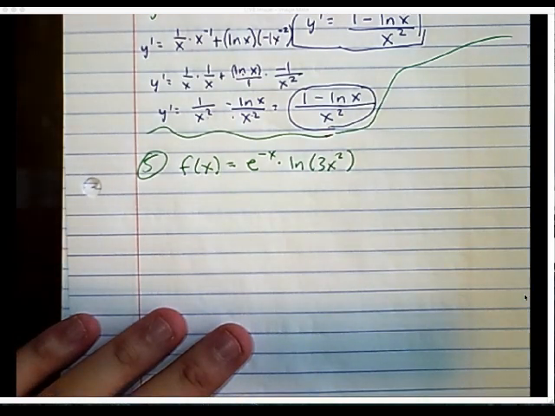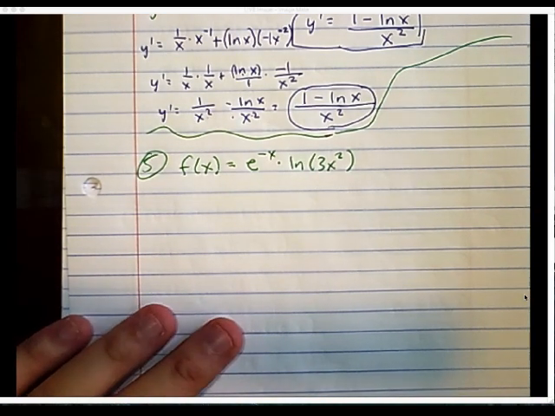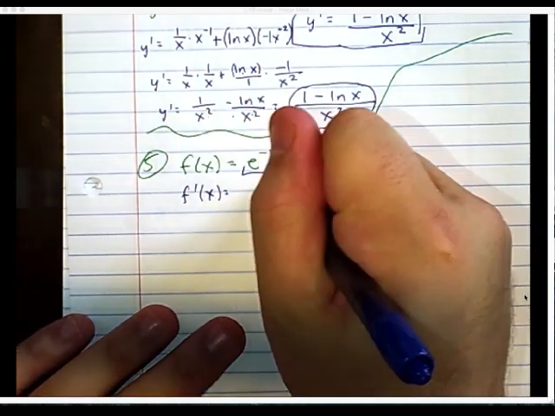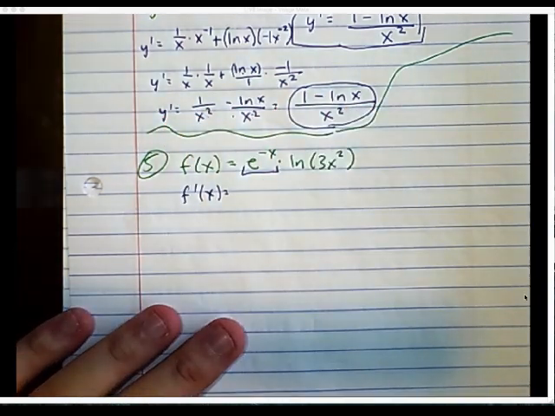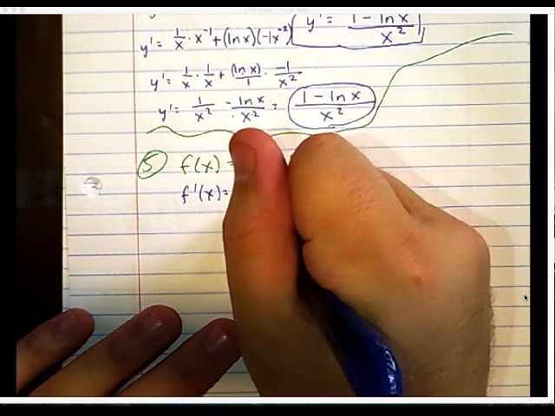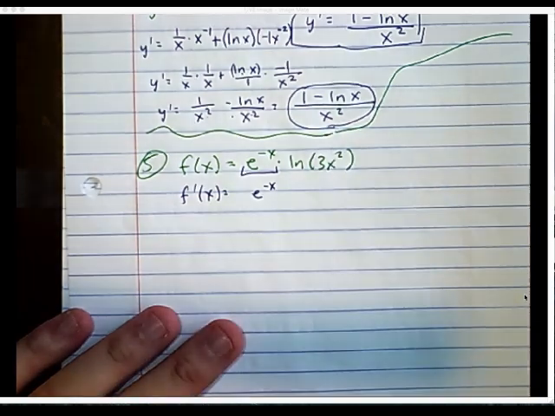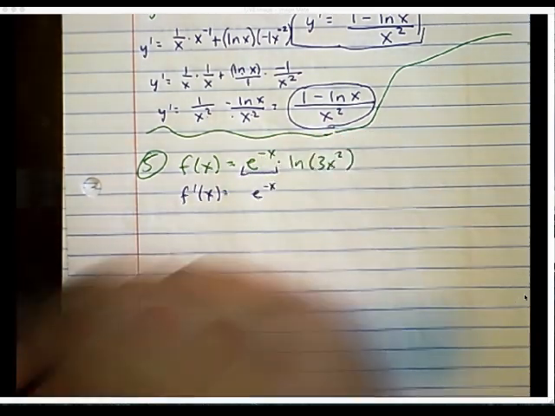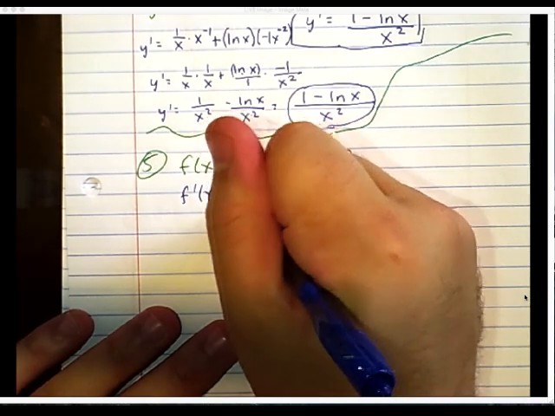So to me that looks like a product, so I'm going to use a product rule. f prime of x, I'm going to take the derivative of that. So the derivative of that would be e to the negative x itself times the derivative of negative x. Derivative of negative 1x is simply negative 1.